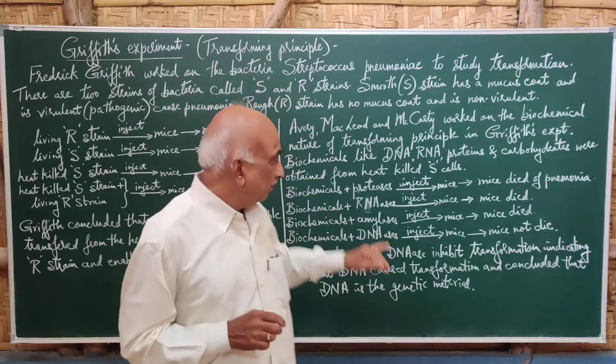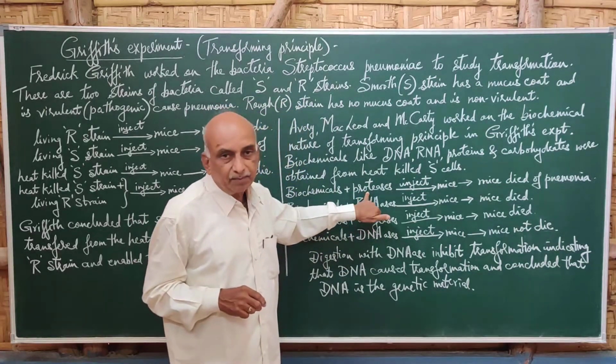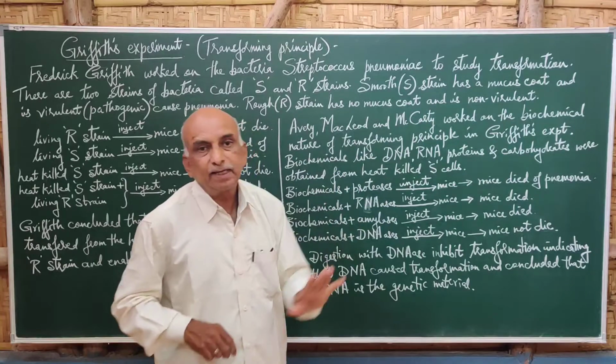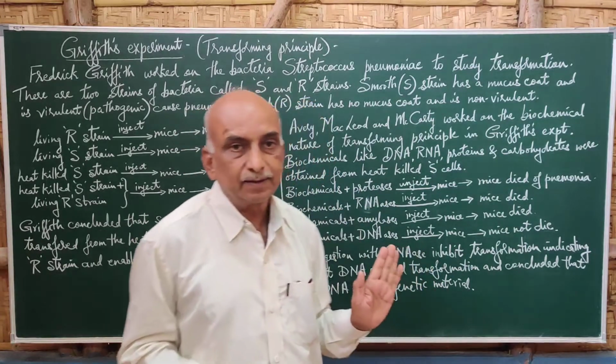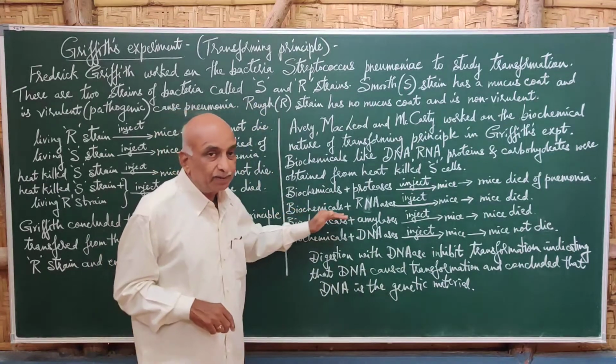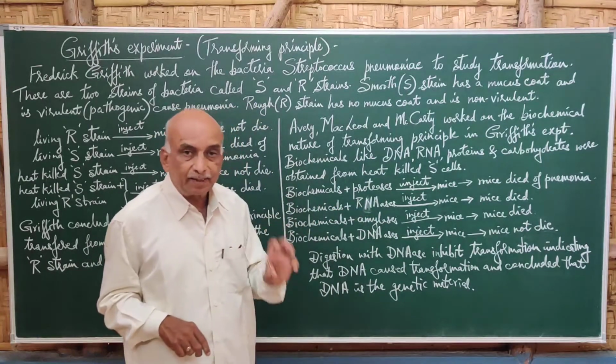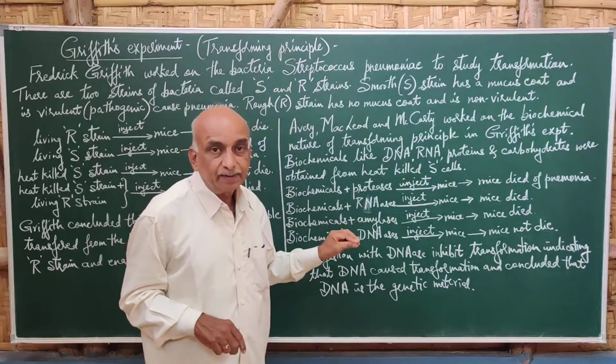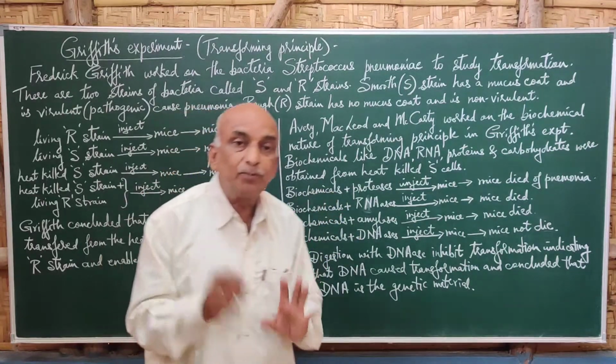That means the proteins were digested by proteases, so the proteins are not the transforming principle. Again, the biochemicals were mixed with the RNase enzyme and injected into mice, and again the mice died of pneumonia.